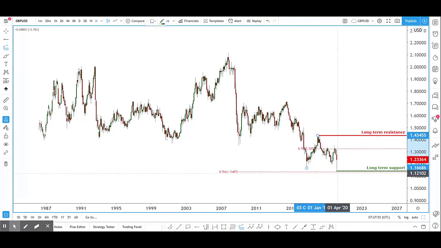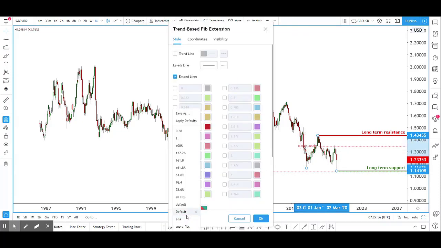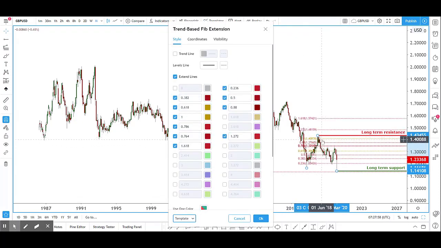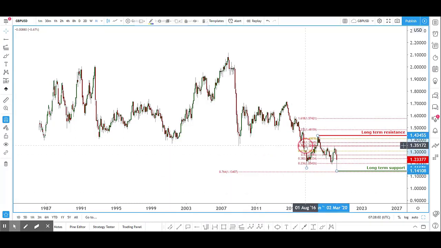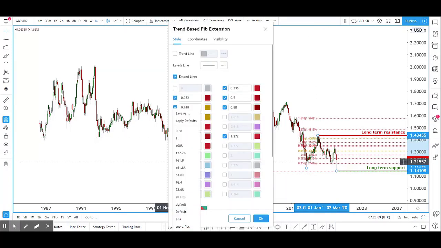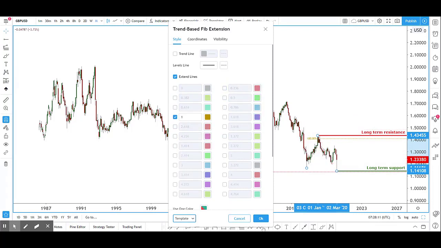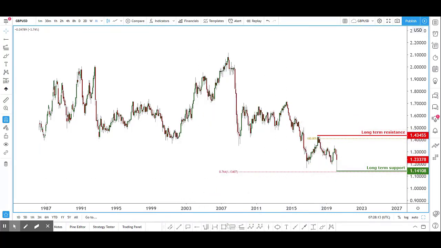We take a zigzag in terms of an extension, and we pull all the ratios. And we realize that the graphical swing high here is in line with the 100%, which is a key Fibonacci ratio level.